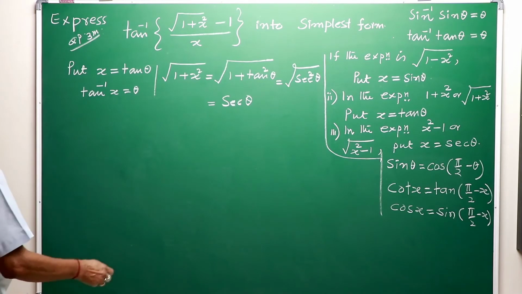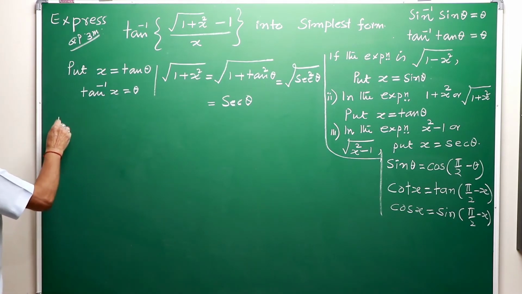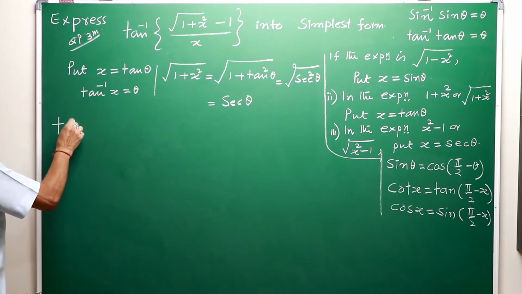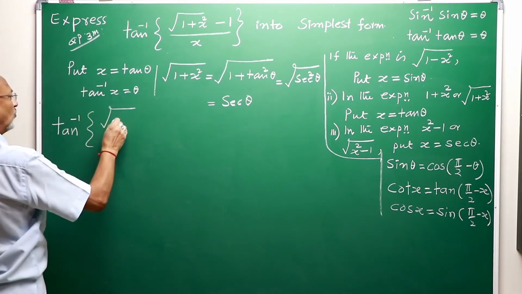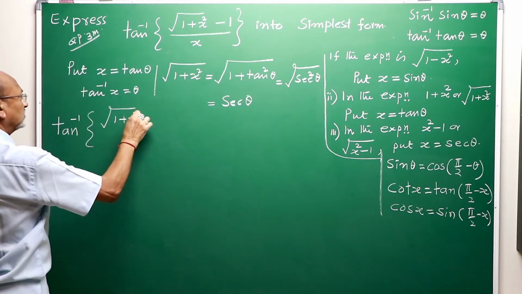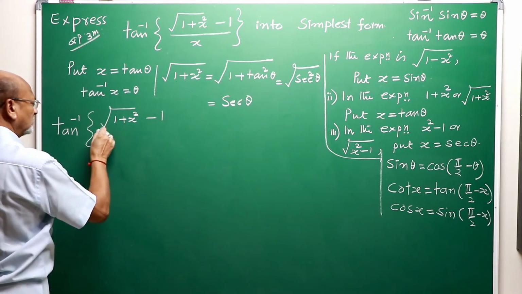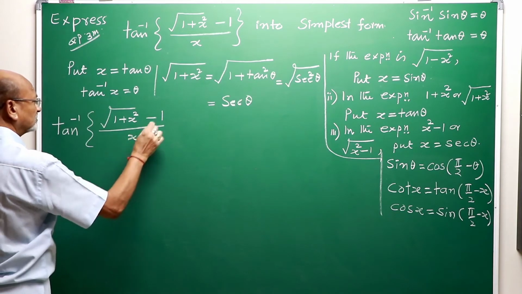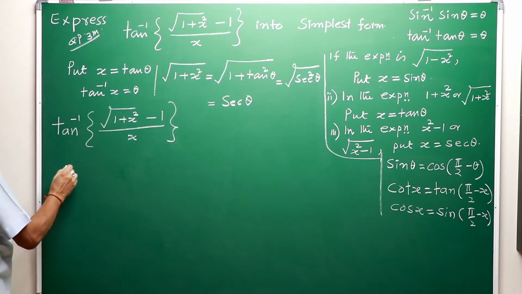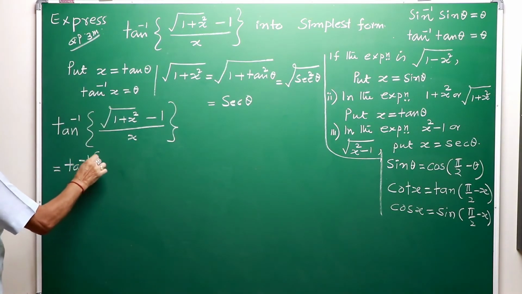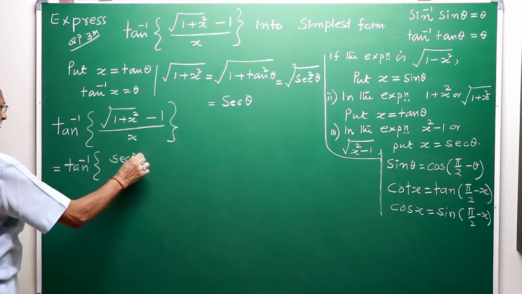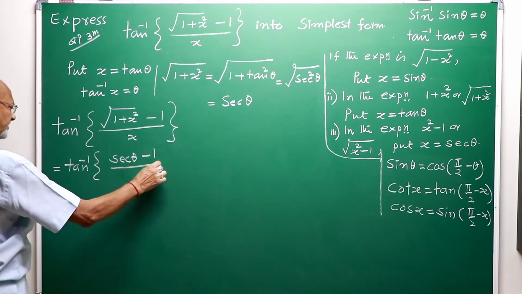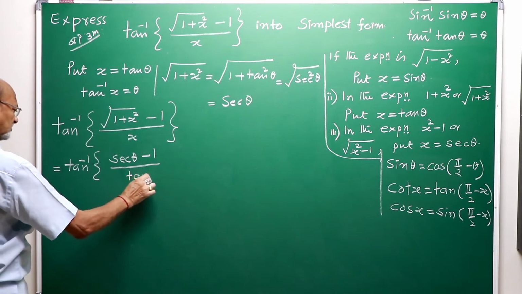It is tan inverse of root 1 plus x square minus 1, with denominator x. Substituting, it is tan inverse of sec theta minus 1 over tan theta.